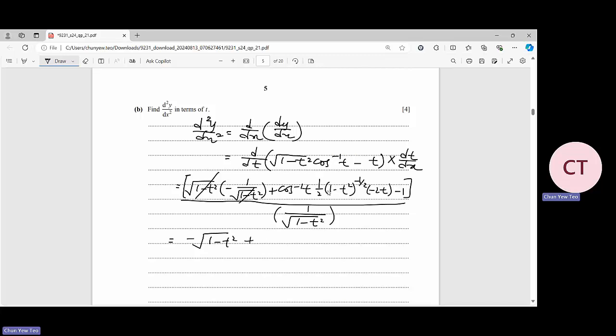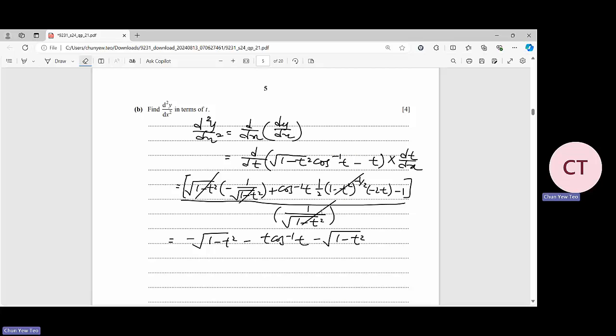Then this part you can simplify. If you simplify it carefully, you will get t cos of t, then minus the square root of 1 minus t squared, because these two can cancel.